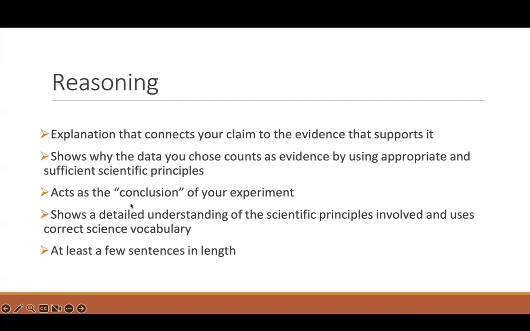And it acts kind of as a link, a connection for your conclusion. So it shows a detailed understanding of the scientific principles involved and uses correct scientific vocabulary. It might be a few sentences in length, it might be a paragraph, it depends on how nuanced your data is. And it might include a discussion of why you used a specific statistical technique on quantitative data, for example.